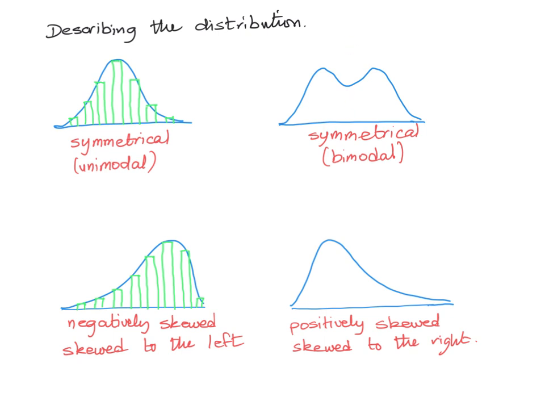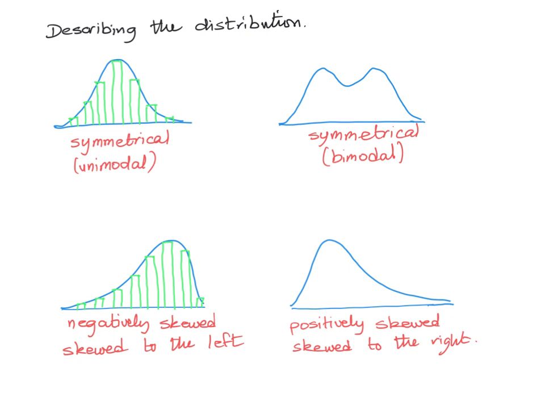In this one, the axis of symmetry is down at the low end here, the trough, and then there are 2 peaks, one on either side. We would call this bimodal because there's a mode here and then another mode there. The tops are the modes, whereas this is unimodal, where there's only one maximum spot. But they're still symmetrical, as in the left-hand side and the right-hand side look the same.